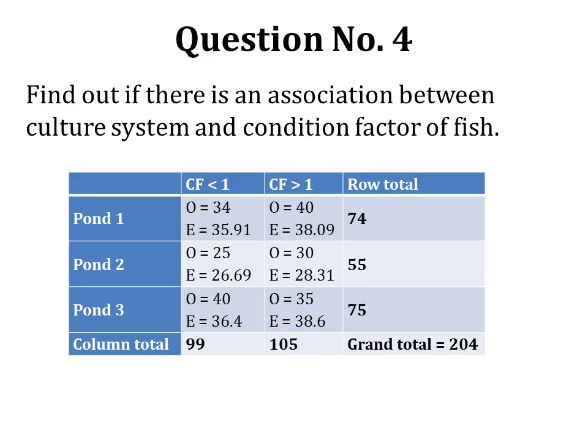These are the expected frequencies that we calculate by the formula used for the chi-square test of independence: the row total multiplied by column total divided by grand total, and this has to be done for each of these 6 cells. So the first cell, for the fish with condition factor less than 1 in pond 1, the expected frequency is 35.91.